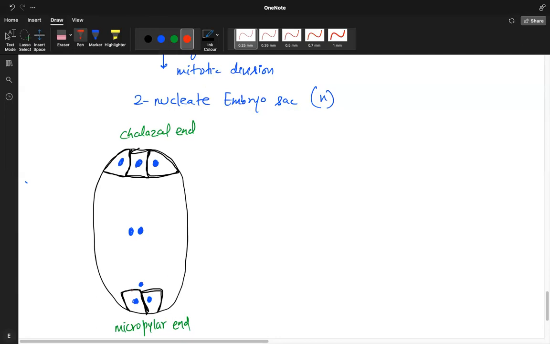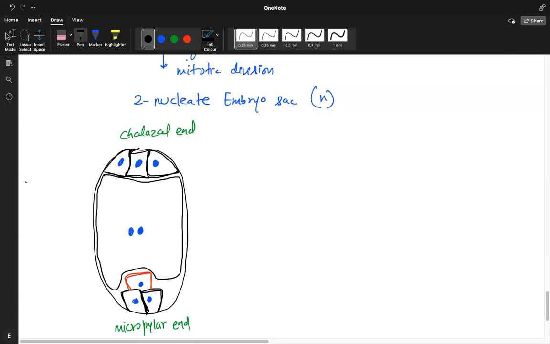And I'll make this one special, the cell which is behind. This is another cell. And apart from it, in the center, we have a big cell where 2 nuclei are together. This is it.